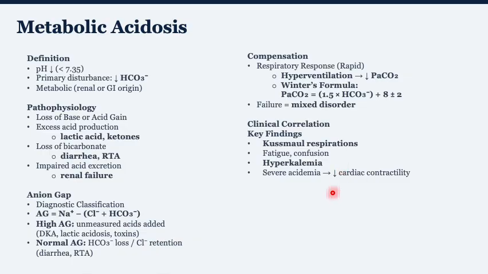The patient may also present with extreme fatigue and confusion. A lot of times they will have electrolyte abnormalities such as hyperkalemia. And you have to be very careful with these patients. Severe acidemia can lead to cardiac issues, so it can decrease cardiac contractility.